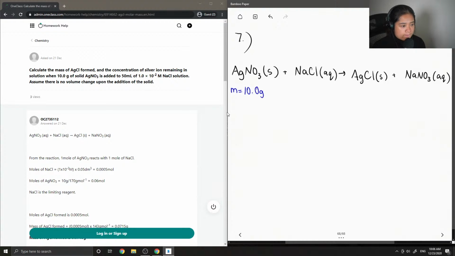And for our sodium chloride, they give us the volume, which is equal to 50 mL. But since its concentration is in moles per liter, I'm going to convert this to liters, so 0.05 liters.